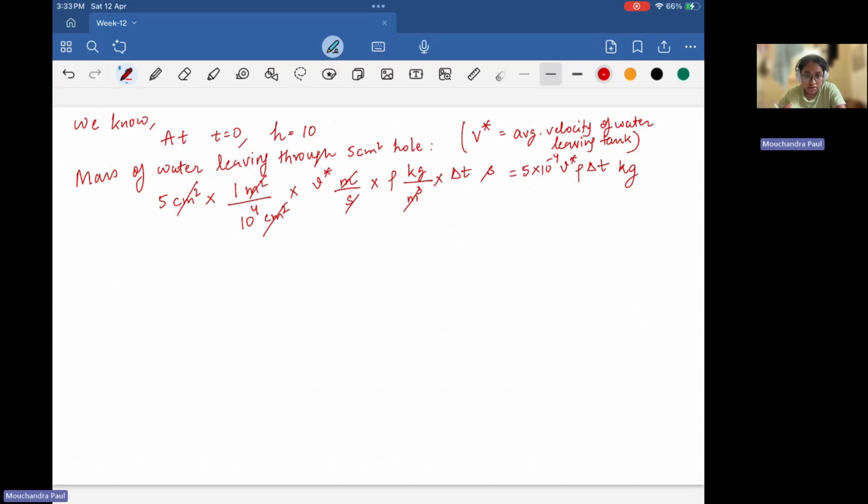In term, the mass of water entering will be 0. What will be the accumulation or depletion term? So here we are going to write the depletion term.